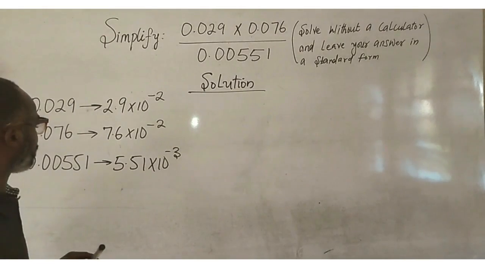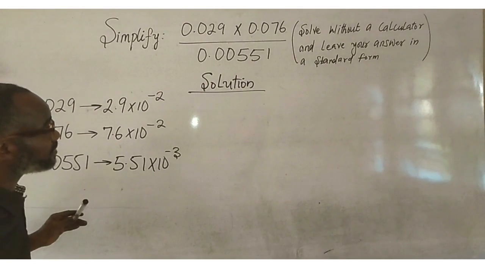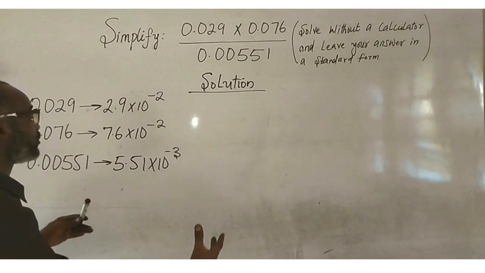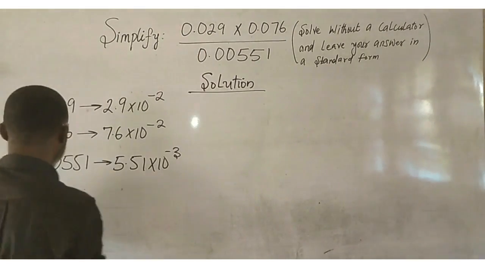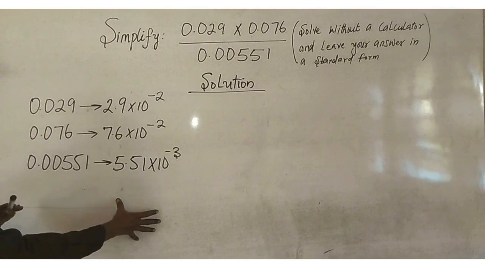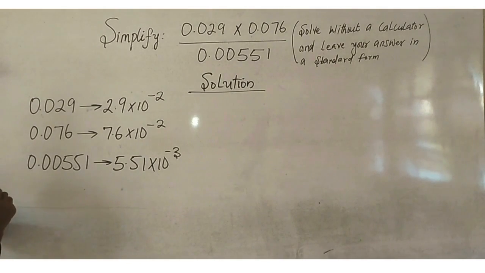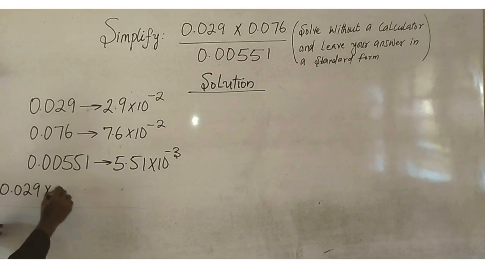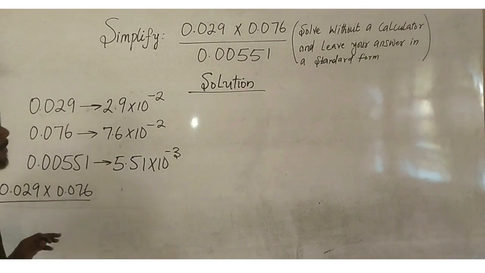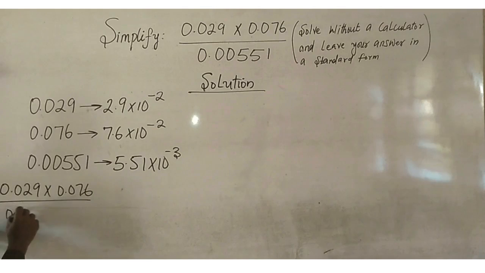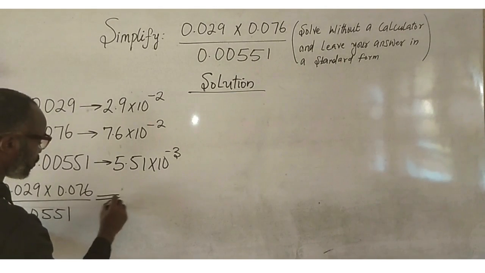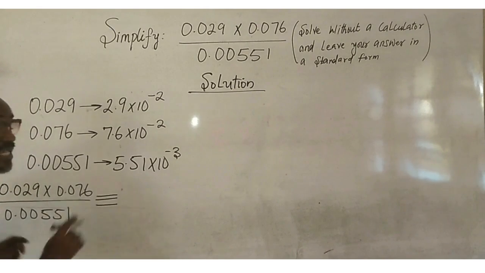So take note. What do we do next? Very simple. We now write this out and then write its equivalence. So we have 0.029 times 0.076 all over 0.00551 is equivalent to, that's the meaning of this sign.